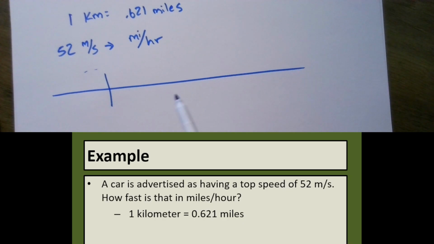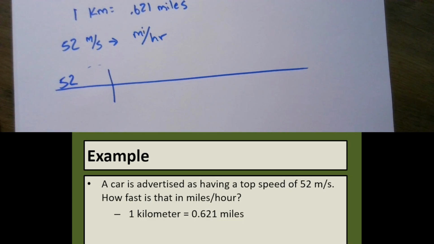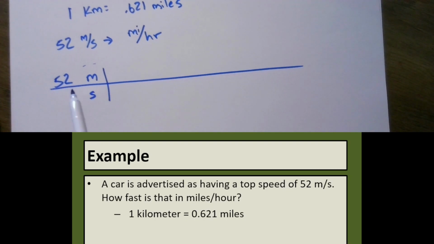We haven't done one like this yet, but that's another benefit of this train track method. I'm going to put in my 52 meters per second, putting meters on the top, and this, remember, is just like a division bar. So I'm going to put seconds on the bottom. So this is 52 meters per second, and that'll help me keep everything situated right.